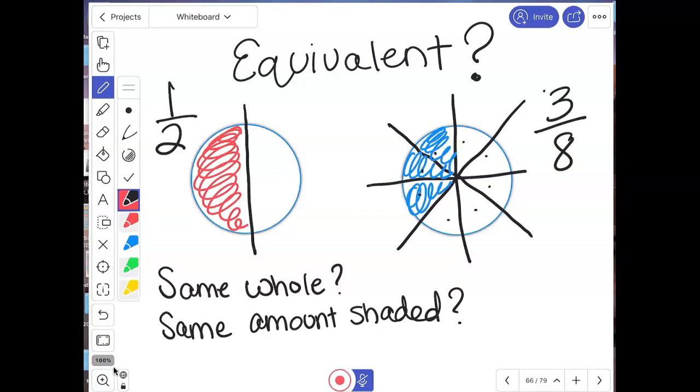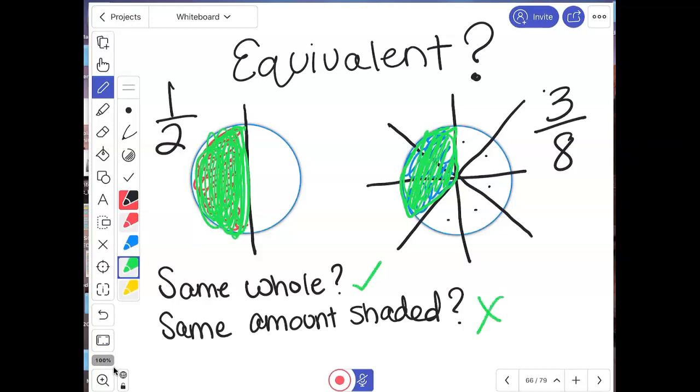So now I'm going to ask myself, is this shaded portion the same amount shaded as this? And I look at it and I say, no, it's definitely not. It's the same whole, but it is not the same portion shaded. So these are not equivalent. My answer here is no.